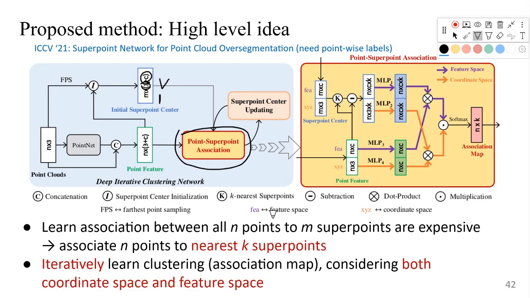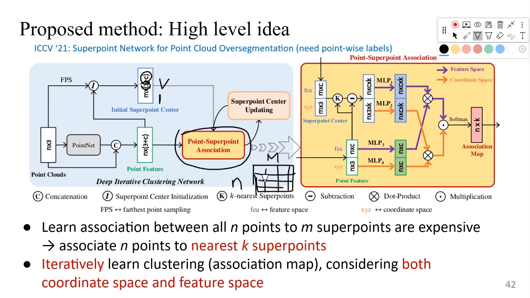Ideally, we want to capture n by m, where n is the number of points and m is the number of superpoints. We can think of this as an attention matrix.